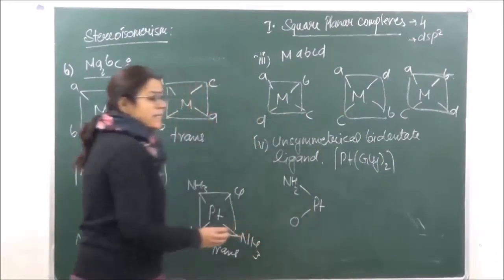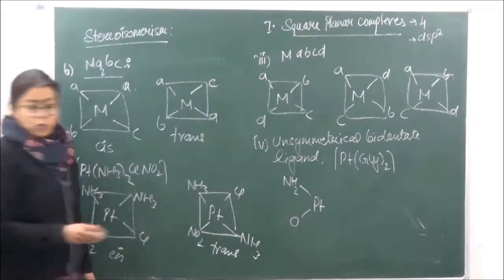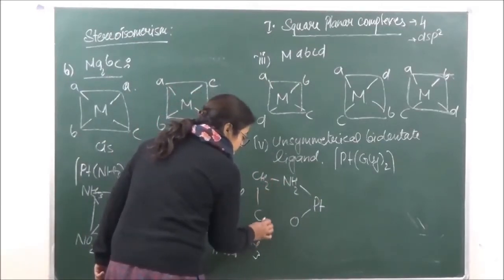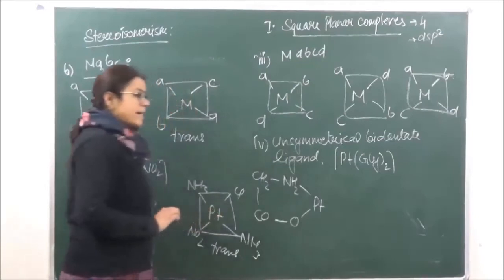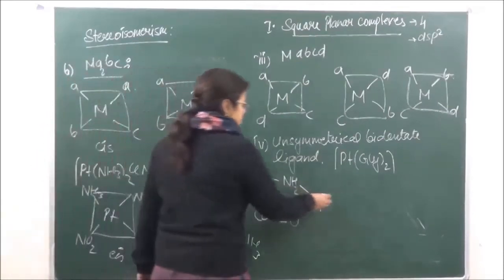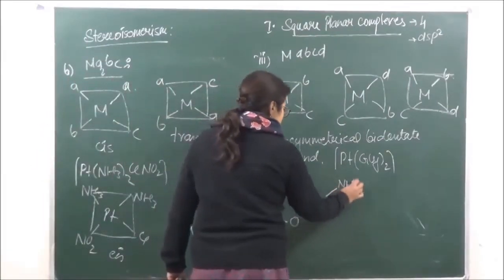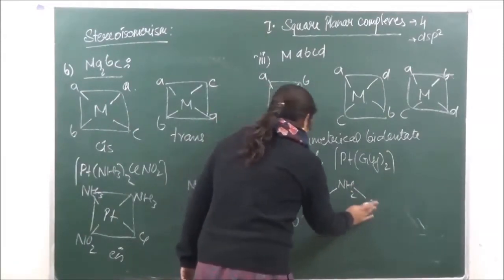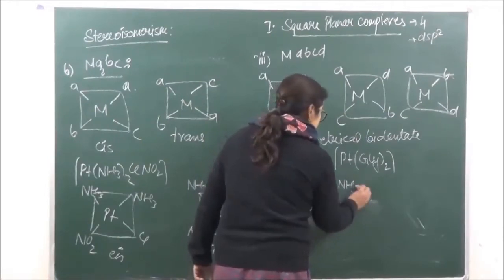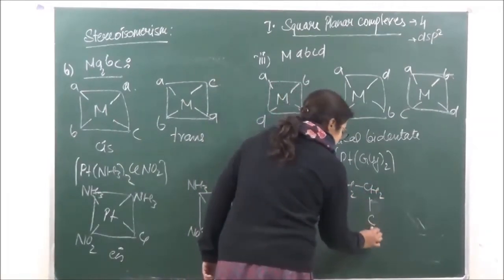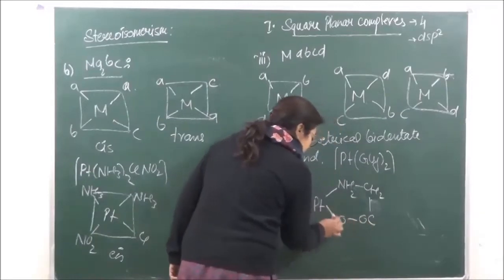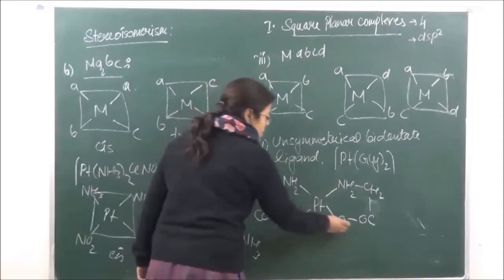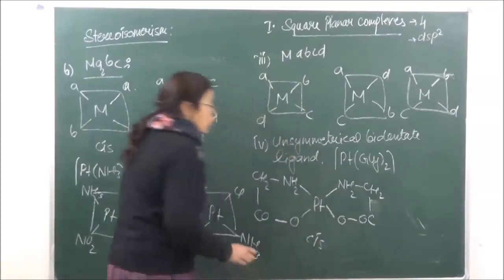you know what the glycinate ion is, na? We have NH2, this is the glycinate ion, right? Now over here I am saying that if the point of joining of the same donor atoms is on the same side, same donor atoms on the same side, then this is going to be cis.